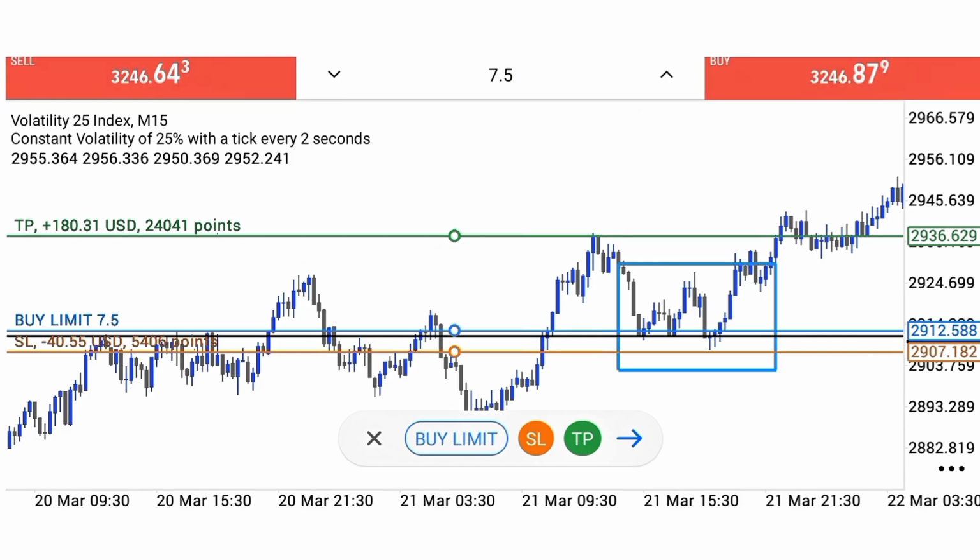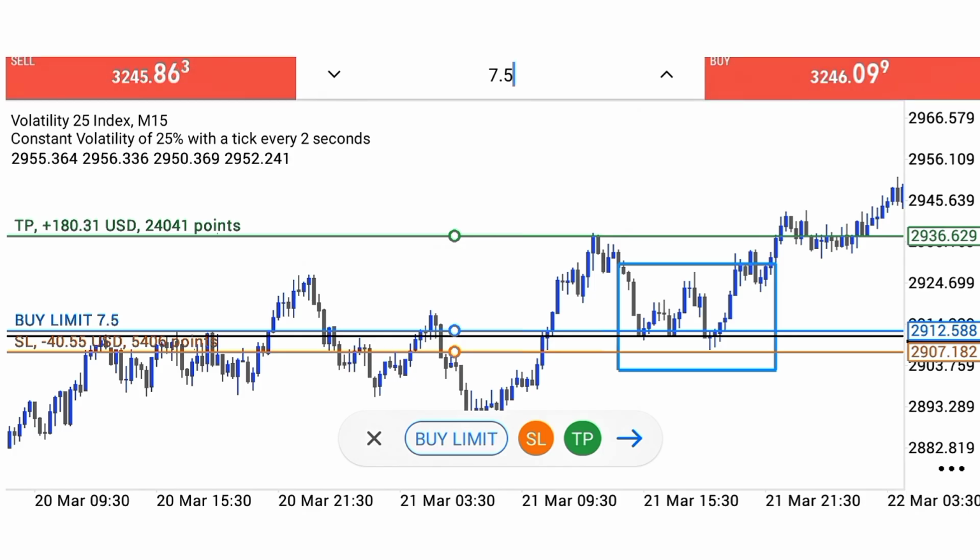I don't like trades where I risk $40 and make $50, $60 and all those other things. I need a trading strategy that gives me very low risk and a lot of profit. So as you can see, this trade is a very profitable one. You're risking $40 to gain $180.